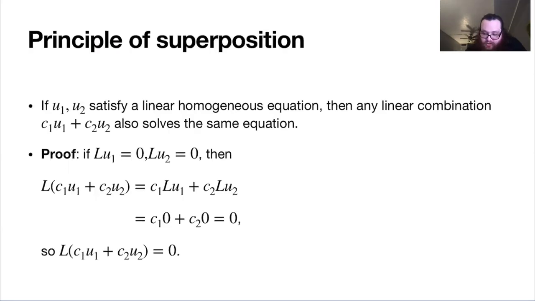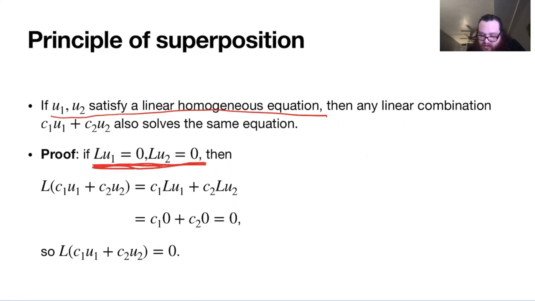Okay, so the observation that I just said is that if you have two vectors that satisfy the same linear homogeneous equation, then if you take any linear combination of those, that linear combination also solves the same equation, right? So the fact that u1 and u2 solve a linear homogeneous equation, that's what this statement is.